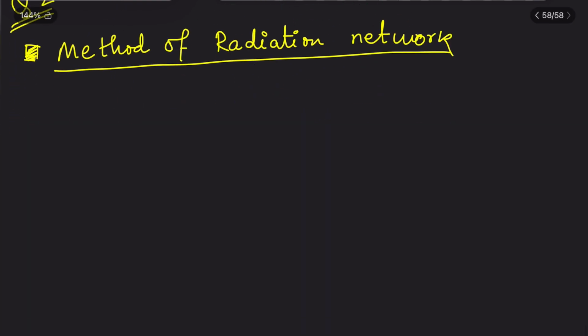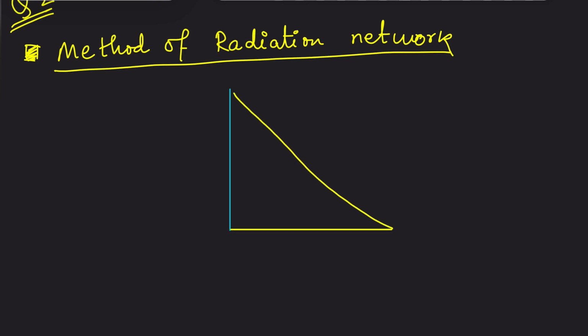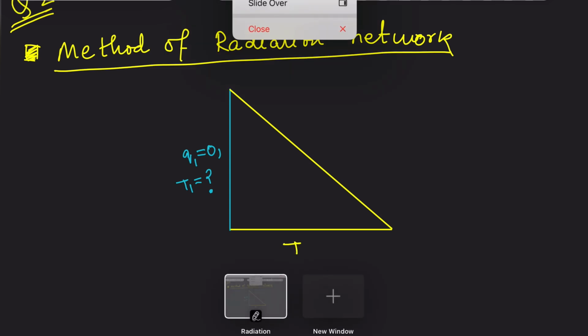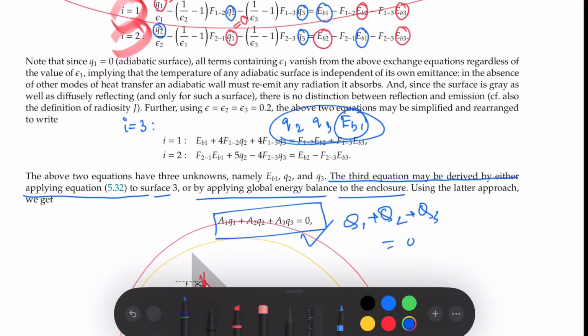First let me draw the diagram. I have one surface like this. This is an adiabatic surface, so I will draw other surfaces in other colors. This is adiabatic, so Q1 is equal to 0. T1 I have to find. Now this is T2, I think. Let me see in the problem.